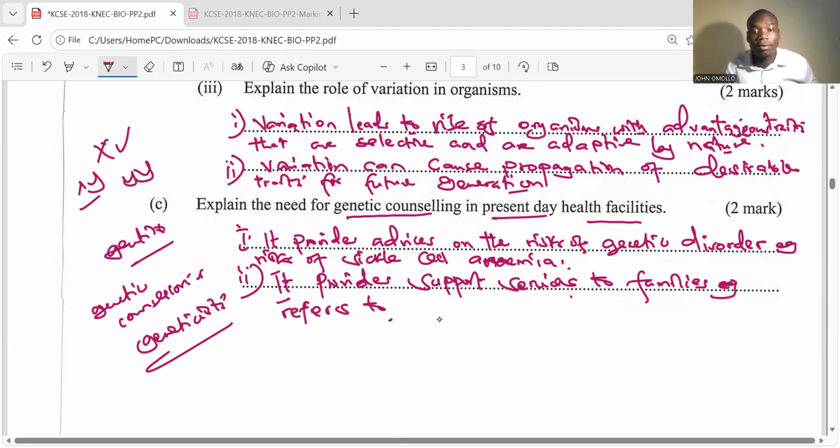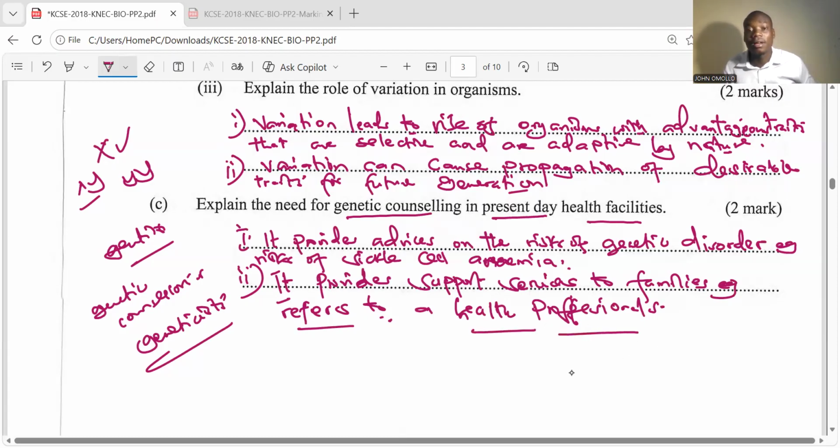Referring families to health professionals.